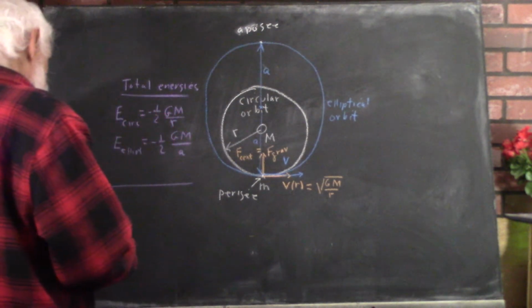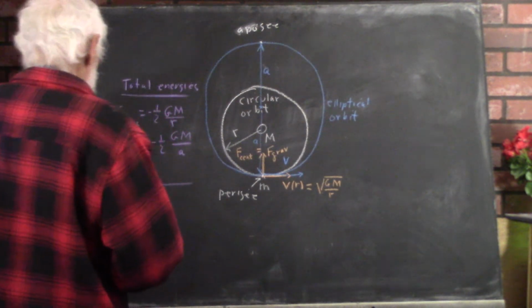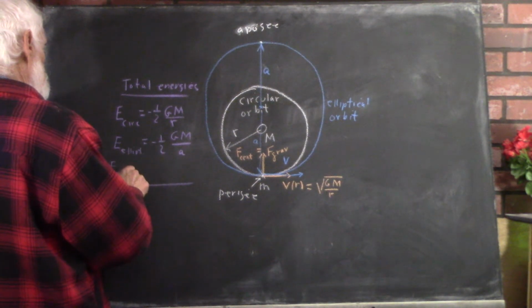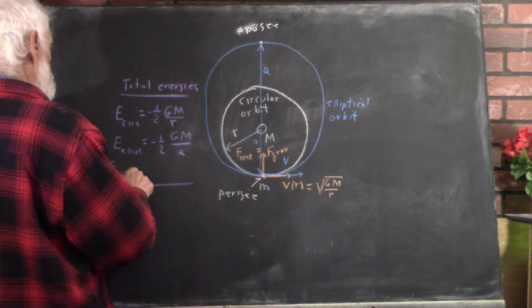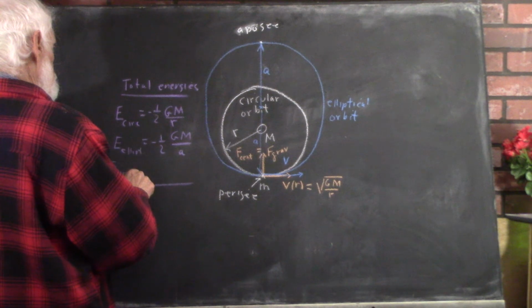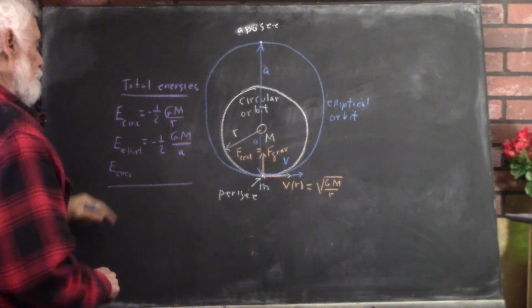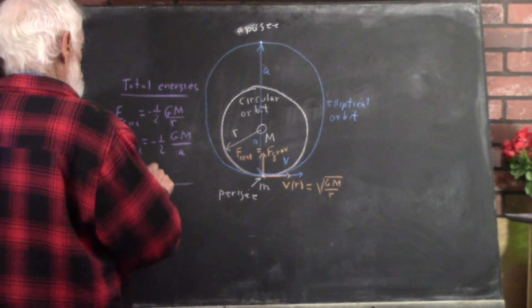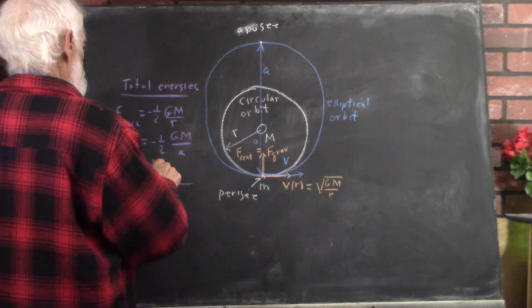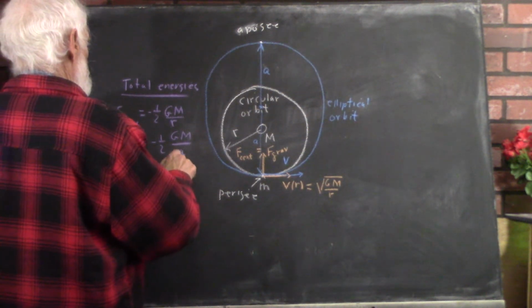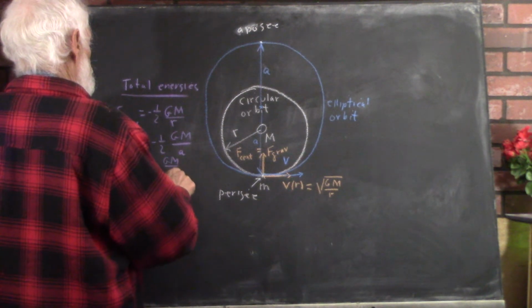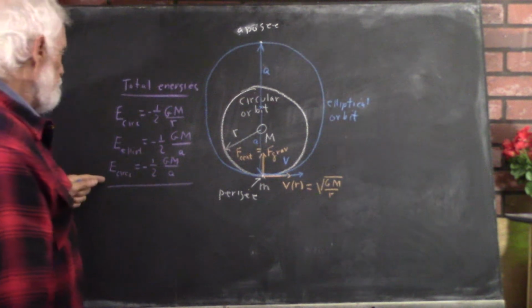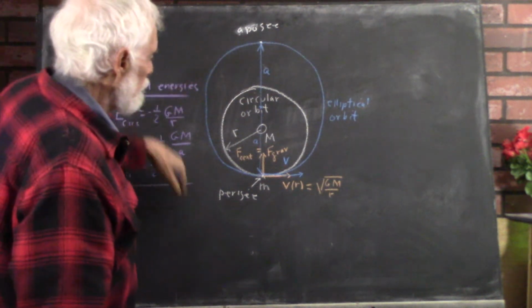The energy of circular orbit 2 is also going to be -1/2 big G big M over A. Big circular orbit out here.